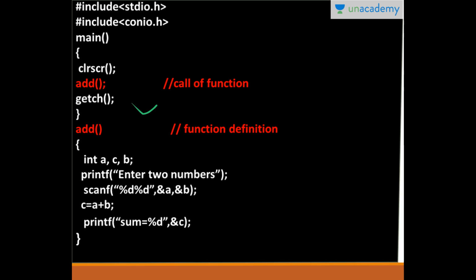getch is also defined in conio.h. The add function call and the add function definition we have already studied.